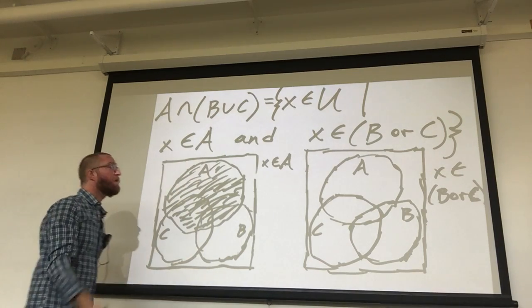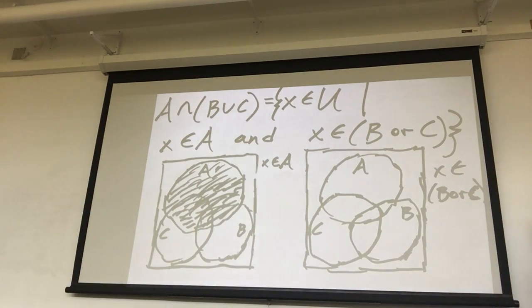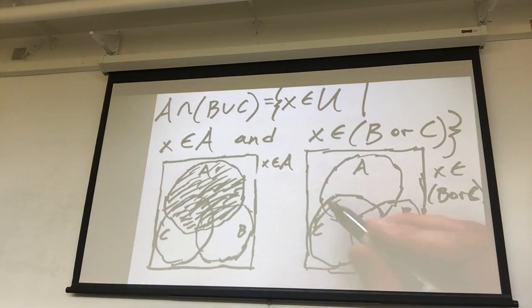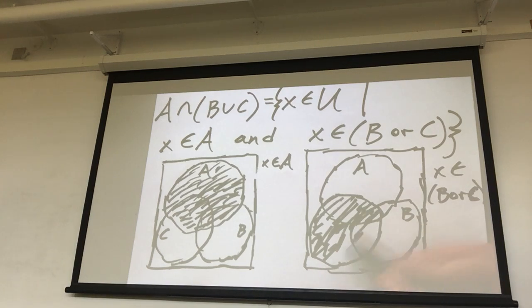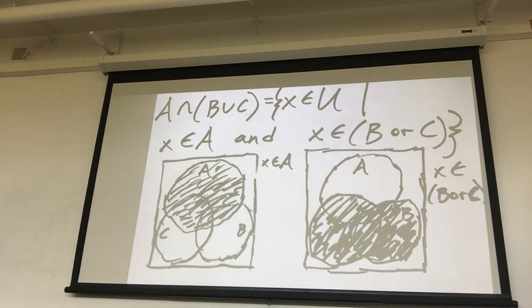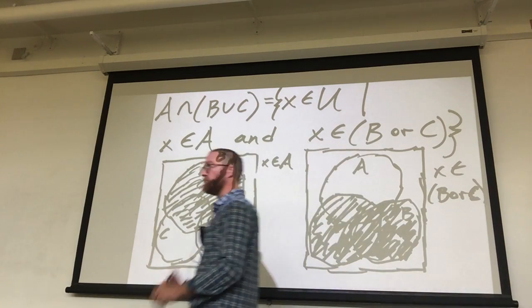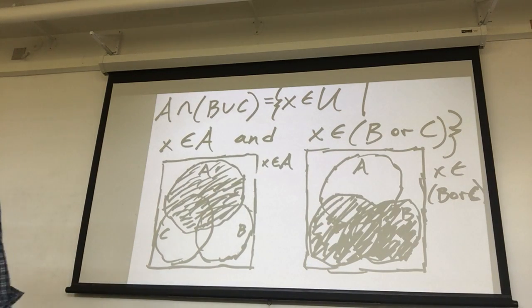Okay, great. Well, that means that what would that fill in? All of C and all of B. Okay, so we can fill in all of B and all of C, but this is an AND statement. And since this is an AND statement, so X is in A and X is in B or C, what does it really mean when you say AND?